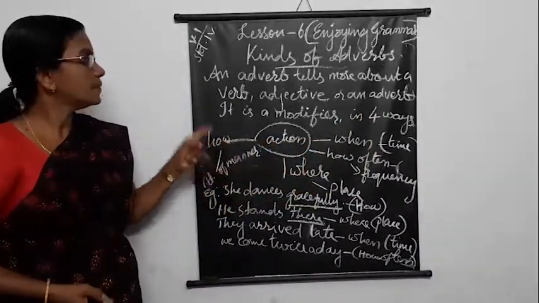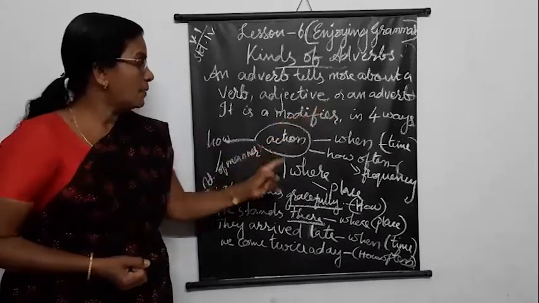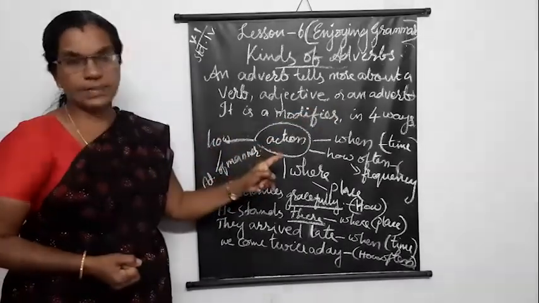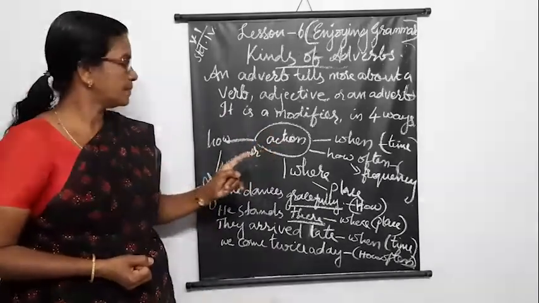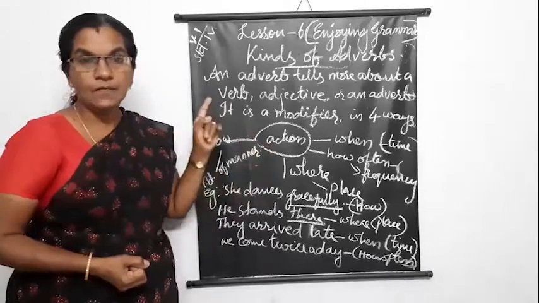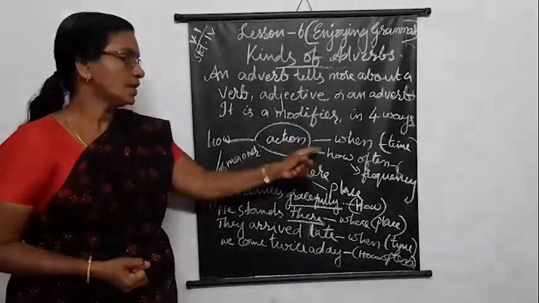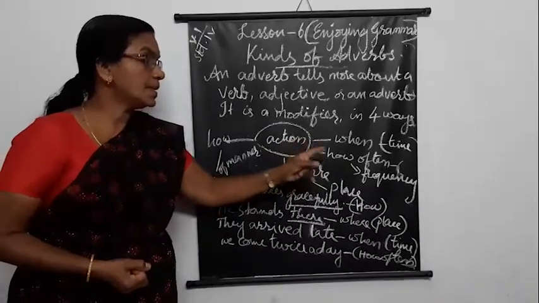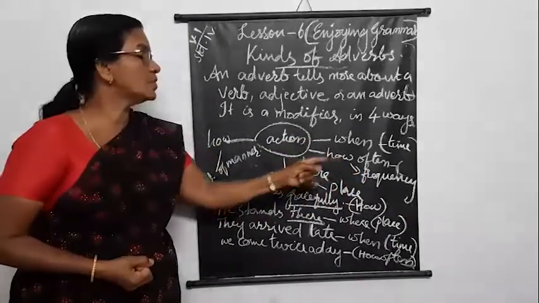You can see which are the 4 ways. An adverb tells how the action happens. And it tells when the action happens, it tells the time. And an adverb tells how often, that is frequency of the action.